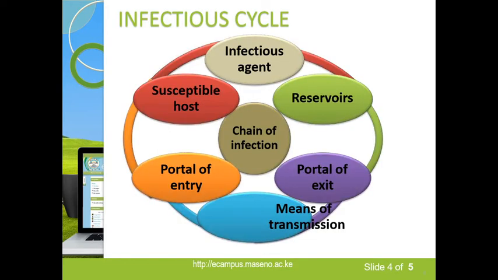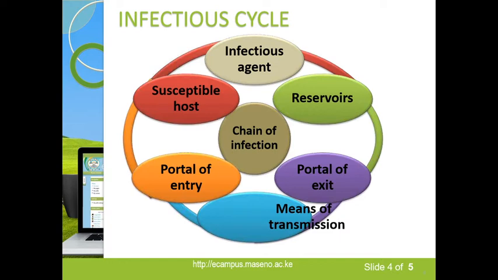Our next heading is the infectious cycle. When we talk about the infectious cycle, it's more of a chain of infection. For an infection to take place, we have the infectious agent.